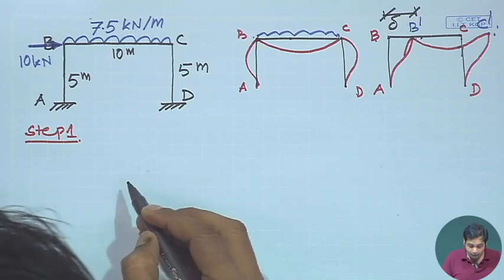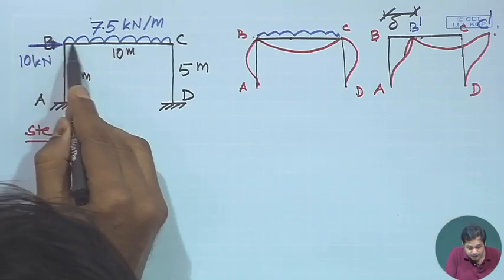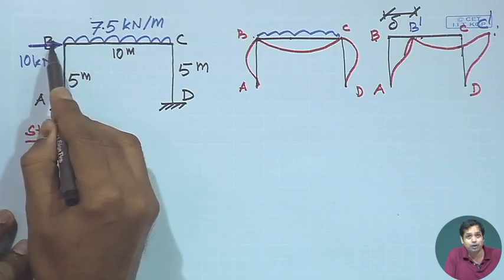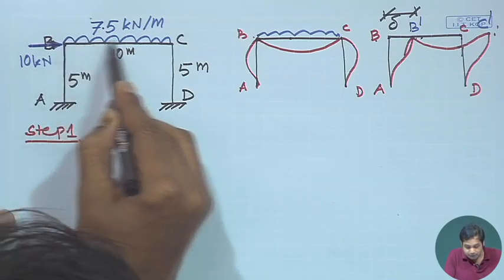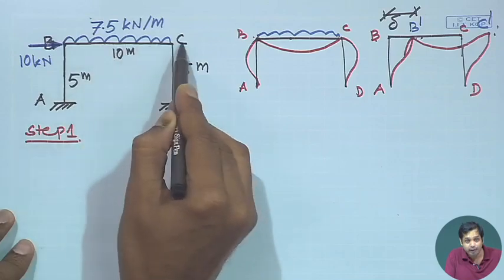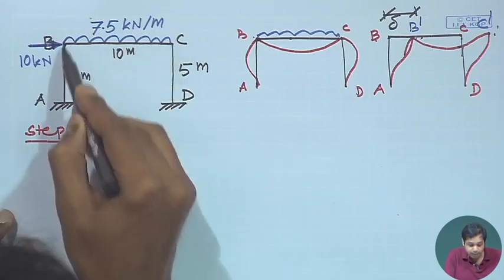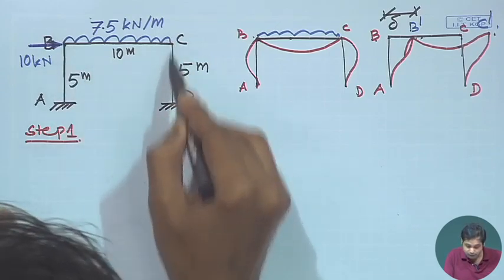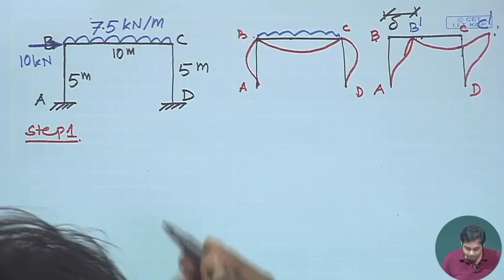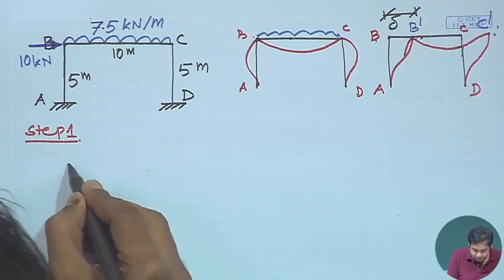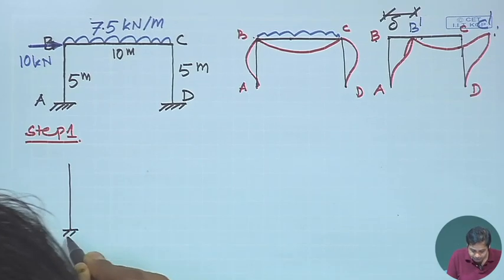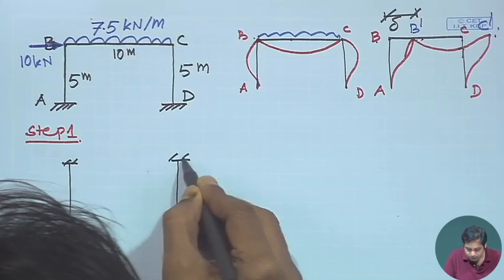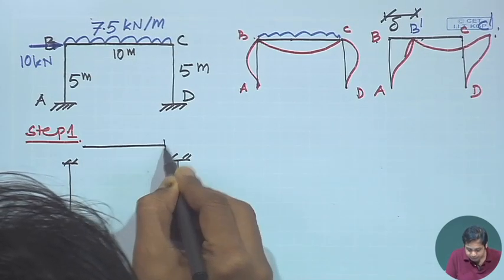Again, since this force is acting at the joint, it will not cause any moment in this member, and in this member in the primary structure as well. The primary structure for AB becomes this, for CD becomes this, and for BC it becomes this.